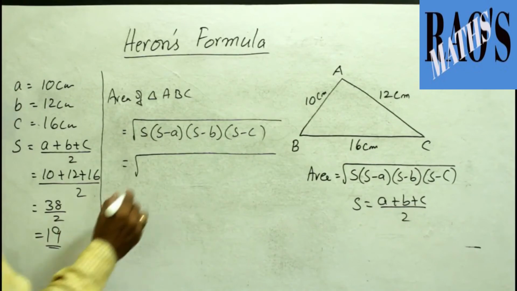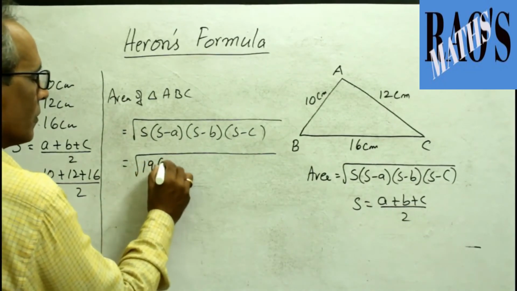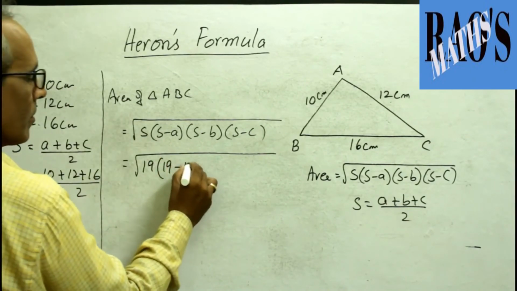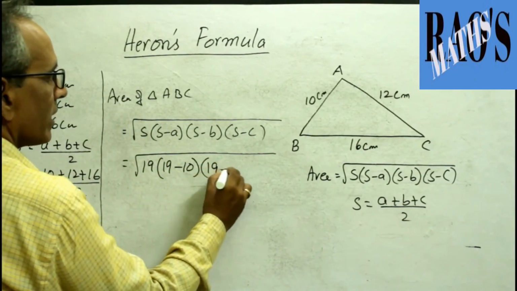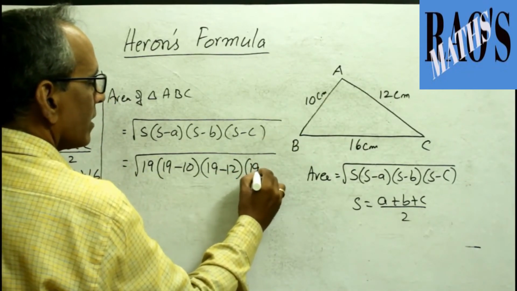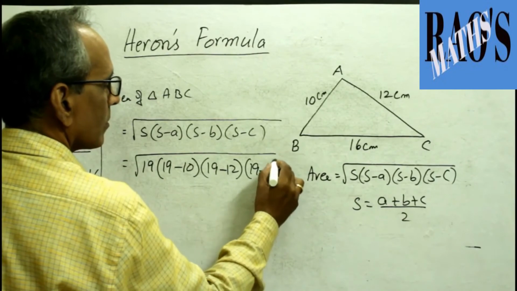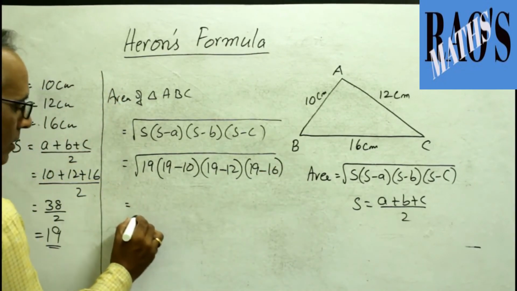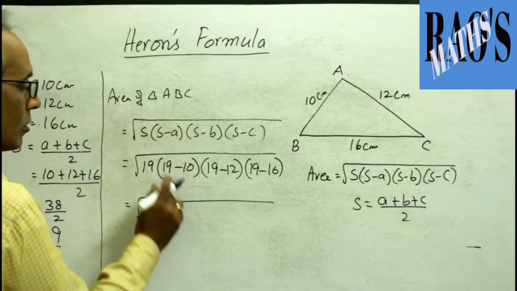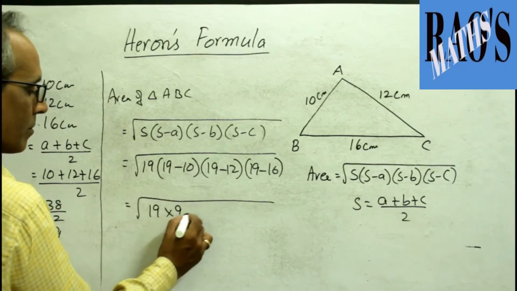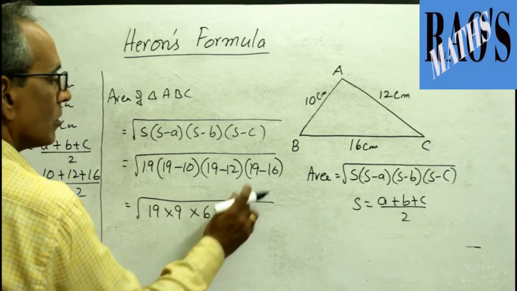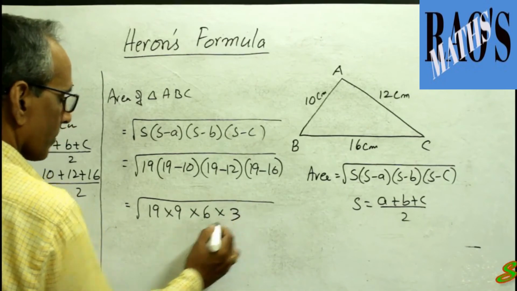S is 19, so 19 of 19 minus A value 10, and again 19 minus B value 12, again 19 minus C value 16. Let me compute finally. That is equal to under root 19 into 19 minus 10, 9, into 19 minus 12, 7, into 19 minus 16, 3.